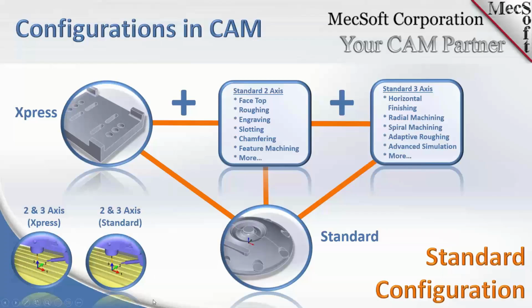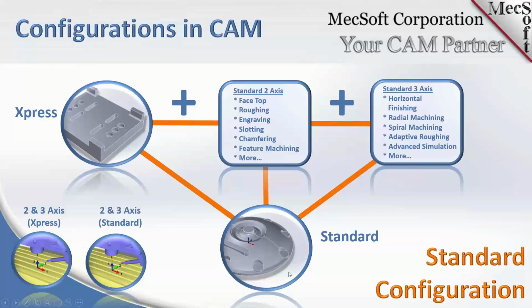At the bottom left, you'll see that in addition to the 2 and 3 axis Express configuration, the very basics of 2 and 3 axis, you also have 2 and 3 axis Standard operations, which is a whole lot more 2 axis operations and approximately 5 3 axis operations. So in the little picture here for the part, you see a part that's a little bit more than just prismatic.